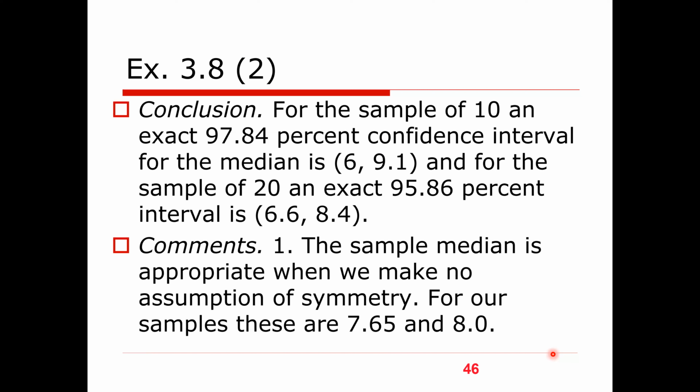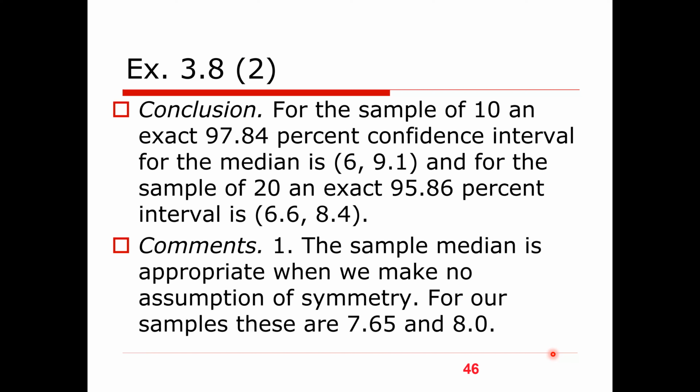A lot of times we have things that clearly aren't symmetric in data sets, things like household income, because household income is bounded at 0. There's no negative household income, right?